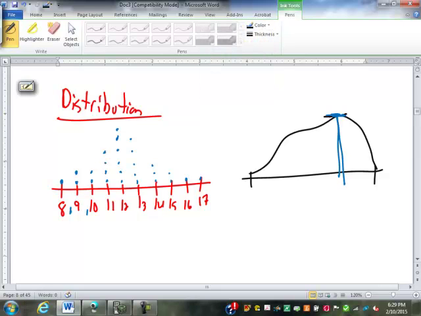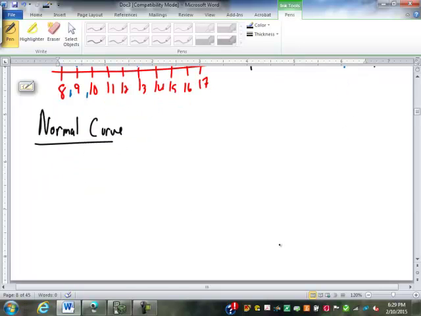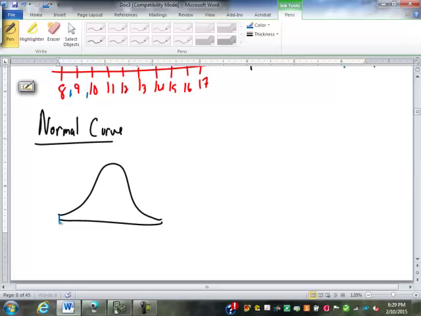Well, in nature, data tends to fall on a normal curve. The normal curve looks like this. It's what so many of you, when you were younger, probably heard referred to as the bell curve. And that bell curve, remember there's a number line down here.